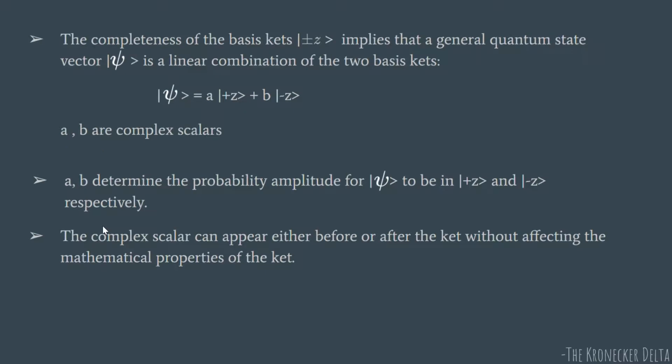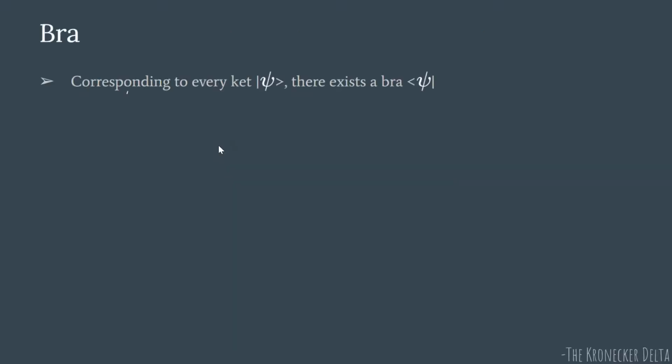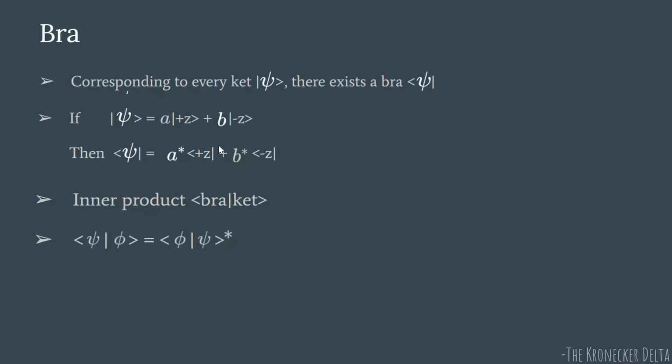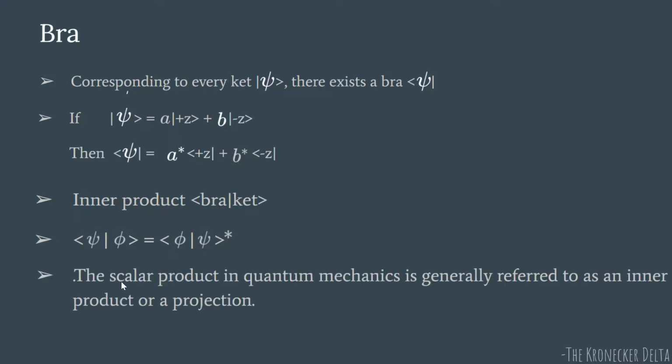In the previous case, A represented the probability amplitude for psi to be found in the plus Z state, so that can also be written as an inner product. In general, any inner product is a projection of this ket onto this state. So later on when you encounter inner products, this is the physical picture we will have in mind: we are projecting the state onto these states.